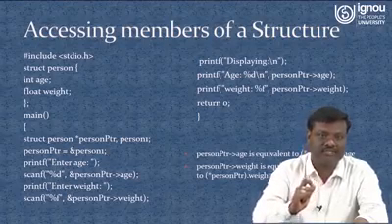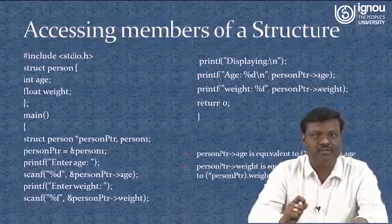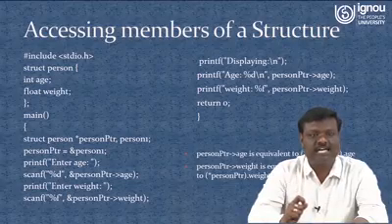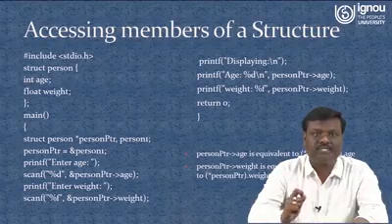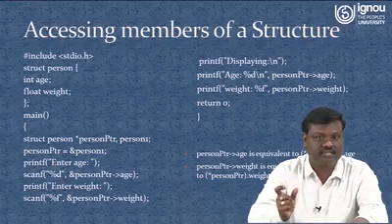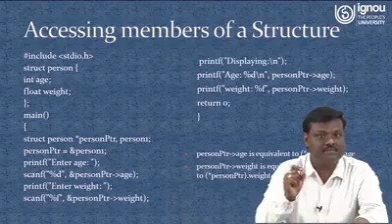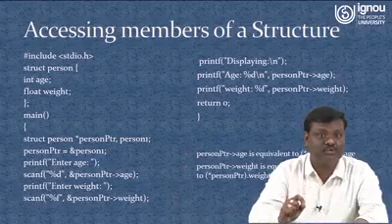Here with the example you can see struct person, that is the name given to the structure, and it has 2 members, age and weight. Then in the main program, struct person star personptr and then person1. So person1 is a structure variable, but star personptr is a pointer variable which wants to point to that particular person.